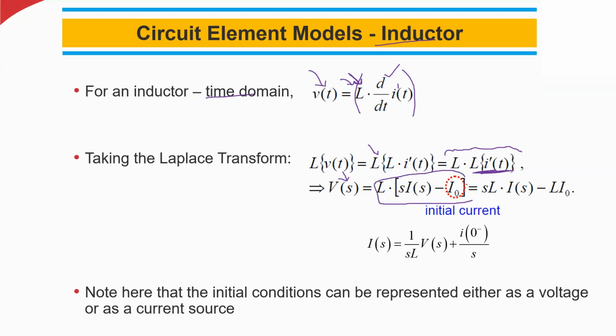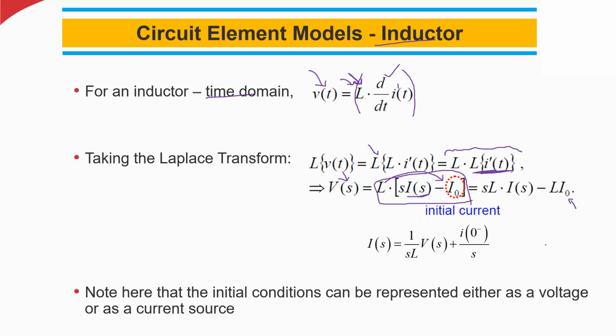Now we can separate this. S is also a constant, so we take it outside: S times L times I of S, minus L times I0. This I0 is called the initial current of the inductor.